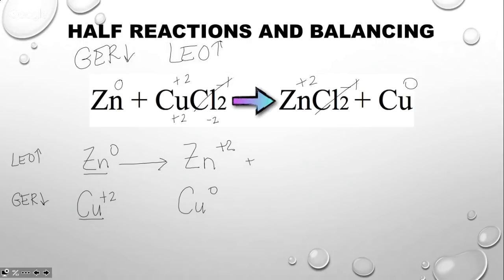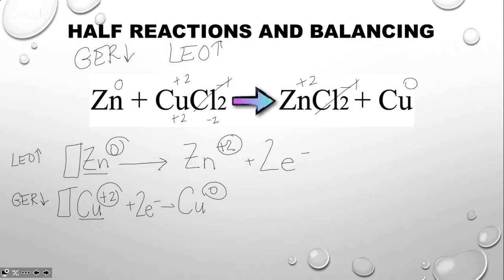Since the electrons go after the arrow for oxidation, I put them after the arrow for the zinc. I subtract the charges and multiply by a coefficient if there is one to get the number in front of the electrons. Then if the electrons are the same, we are balanced.